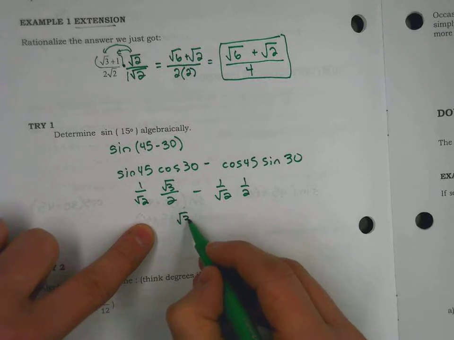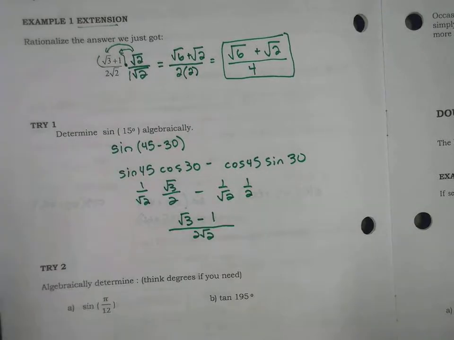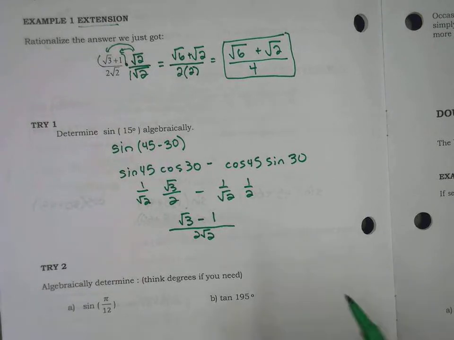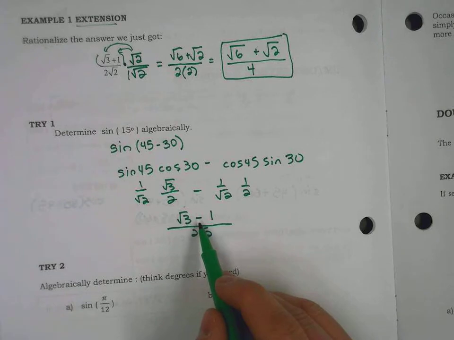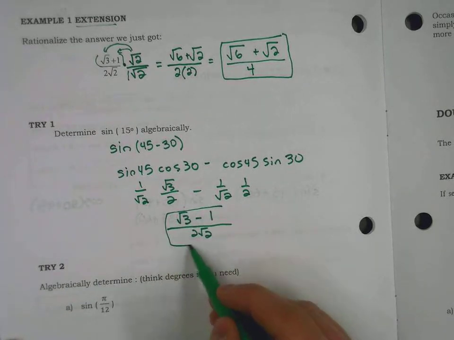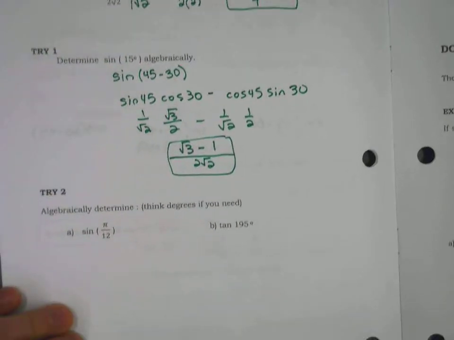We end up with a root 3 over a 2 root 2 minus a 1. A very similar answer to what we saw for sine of 75 degrees. The only difference was there was an addition on the top. But here is an exact answer, unrationalized, but again, we have the skill to rationalize if needed.